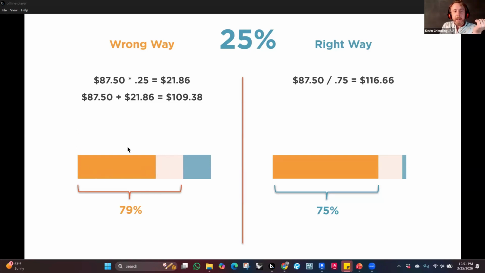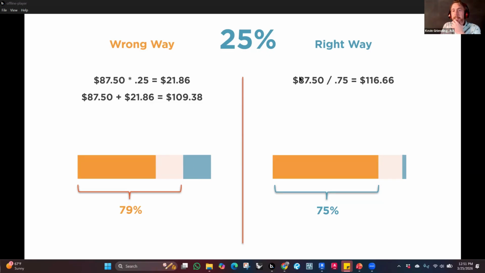If we take the full value, 87.50, which is this whole orange block, at the end of it, when the value is 109.38, that accounts for 79% of the overall value. So that means we really only earned 21% profit because the profit is everything above the value that you're calculating for.